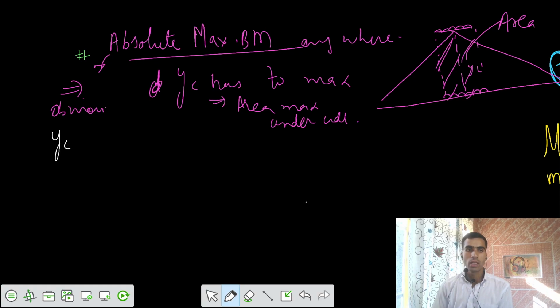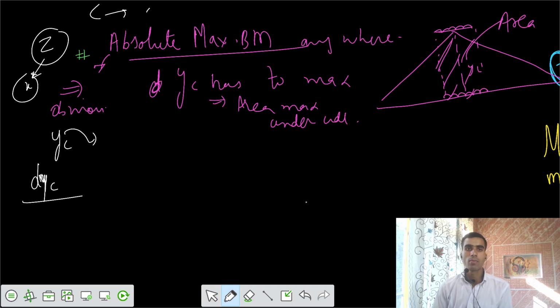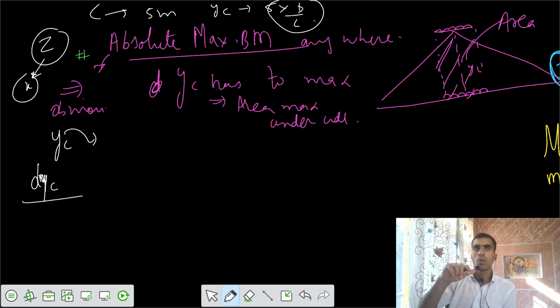So YC is a variable, I have to maximize it, but with respect to what? Is it with respect to Z or with respect to X? If I know directly that C is at 5 meters from A, then I can directly calculate YC equals AB by L. But I don't know where the location of YC is.